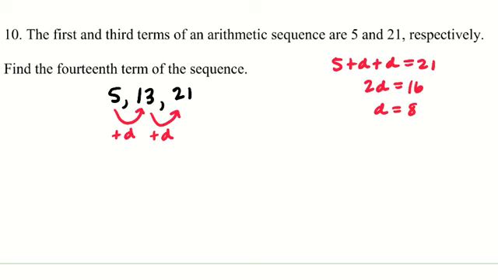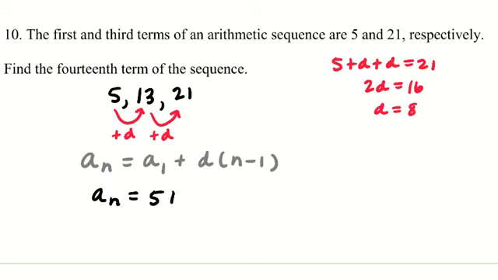Okay, now it might be helpful for me to write an explicit formula for the nth term of the sequence. Now I know that in general, the formula for an arithmetic sequence is the nth term is given by the first term plus the difference times n minus 1. So in our case, the nth term is going to be 5 plus 8 times n minus 1.